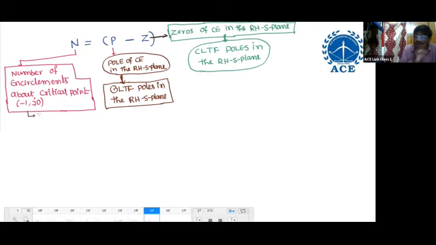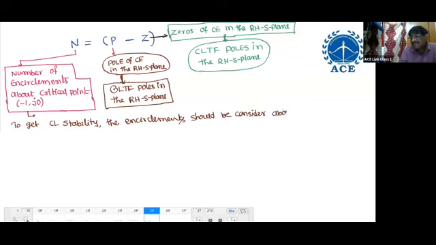To get closed loop system stability, we require to consider the encirclements about -1, that is -1 comma J0.